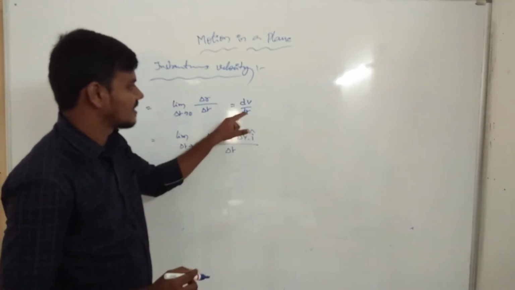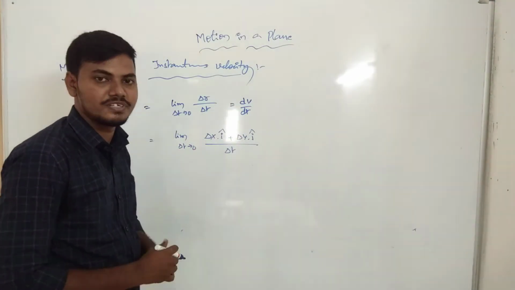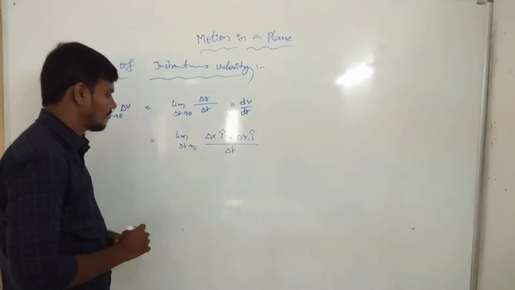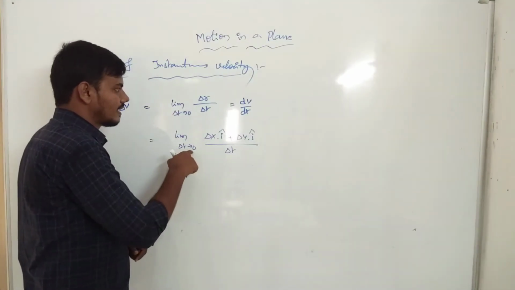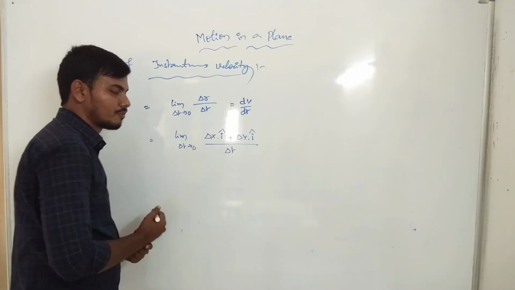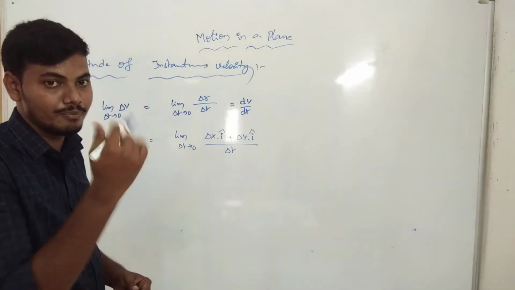Here we know the instant of time period, dr by dt. We take the limit as delta t tends to 0. Along the x-axis and y-axis, the position is expressed with i cap and j cap unit vectors.